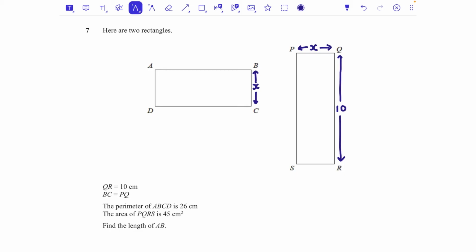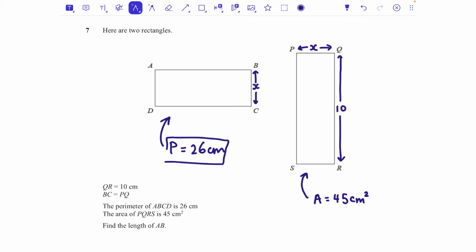The perimeter of ABCD is 26. So this shape has a perimeter of 26 centimetres. And this shape, the area of PQRS, is 45. Find the length of AB. So I don't have enough information in this shape to get that perimeter being 26. I don't know anything yet.